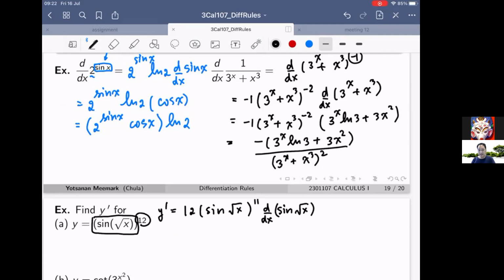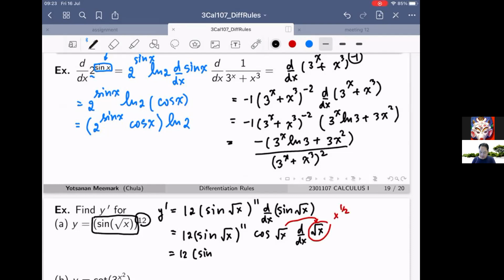So the next layer you see sine of something. So it is again, don't worry, it is a derivative of sine, so you still have a cosine of that thing. But then this one is another inside. So you need to find a derivative of the inside because it's not an x itself. And don't forget that it is x raised to the power 1/2, so a derivative becomes what?